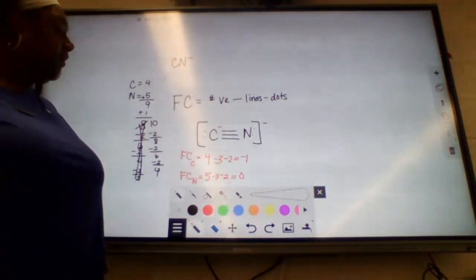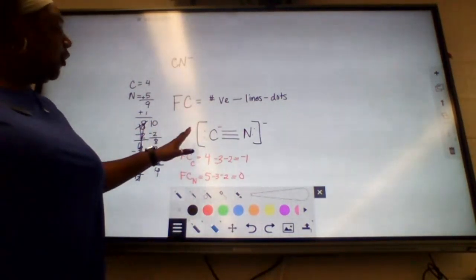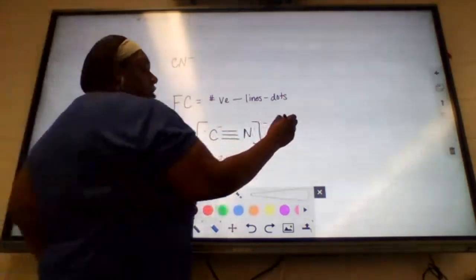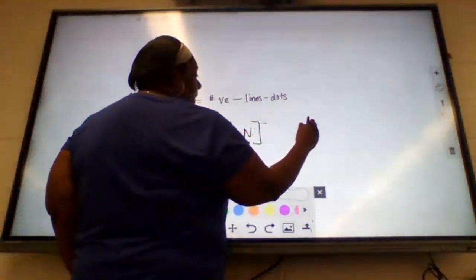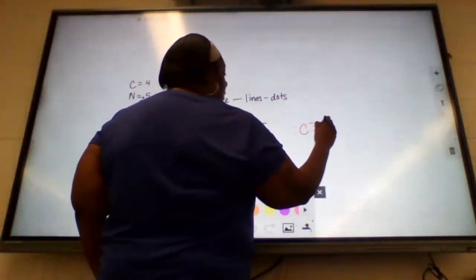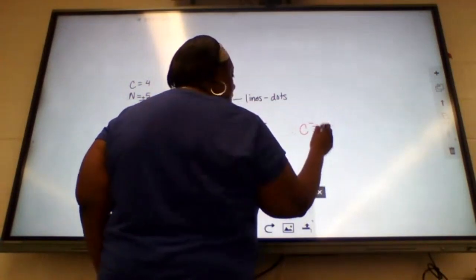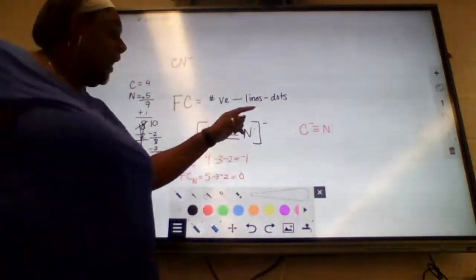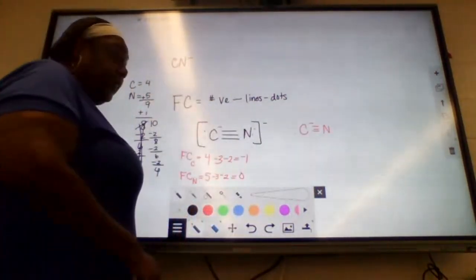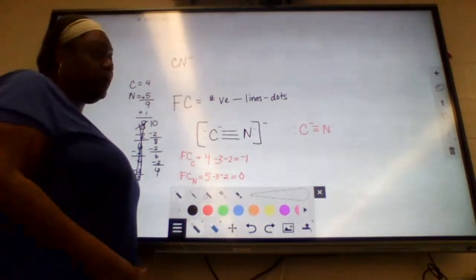And you also would not have the brackets. So on your homework, the way you're going to represent your Lewis structure is like this, where you have that negative sign being on the carbon because that's the formal charge for that particular element.